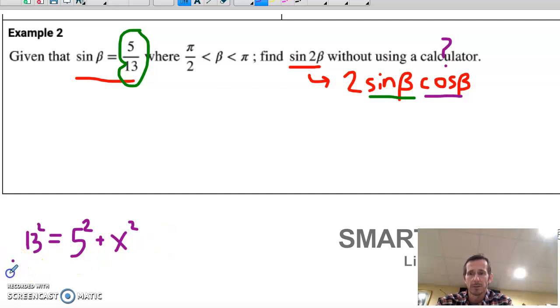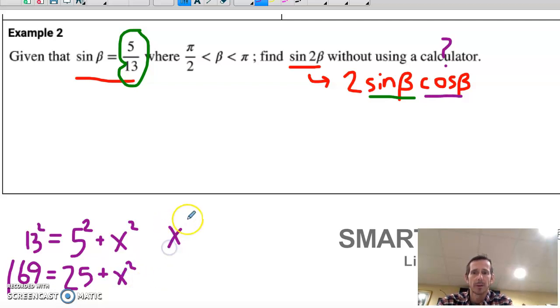So if I do a little bit of quick calculation here, I think that 13 squared is 169, 5 squared is 25, and I'm trying to find x squared. So I've got to subtract 25 from both sides. If I do that, I have x squared equals, and if I take 25 away from this, I would have 144, if I'm doing my mental math correctly, and then the square root of that is equal to 12.